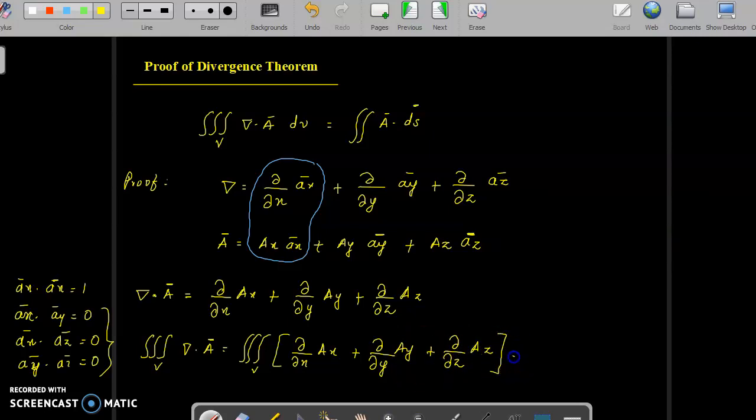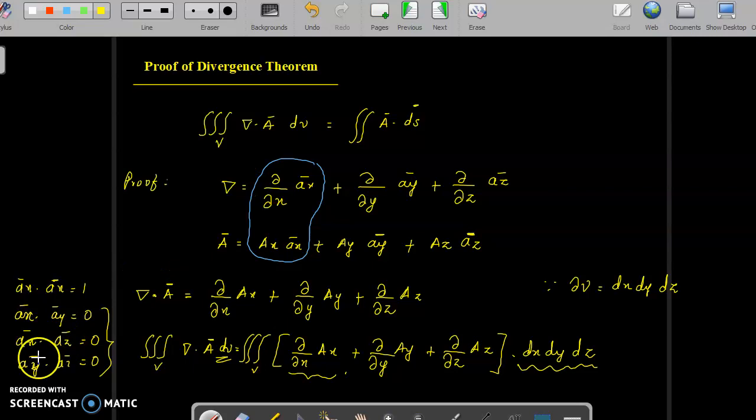Then we need to add, here dv is missing, the volume integral, so this is nothing but dx dy dz, because dv is dx dy dz. Now let us multiply this inside the bracket and take each component one by one.